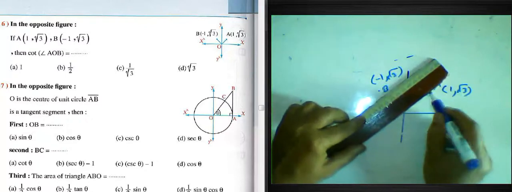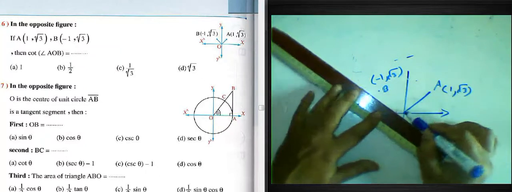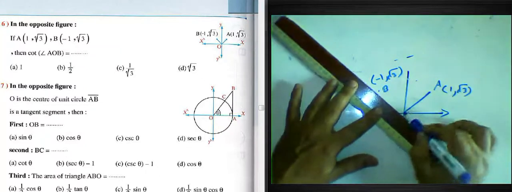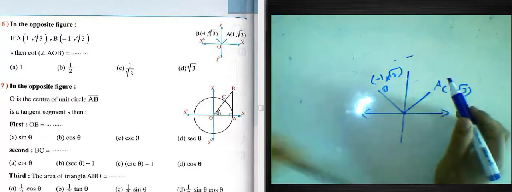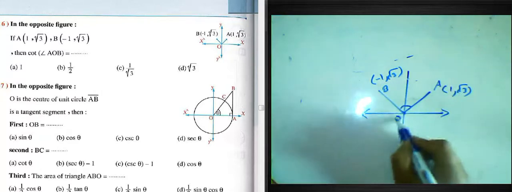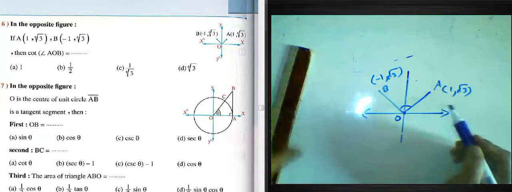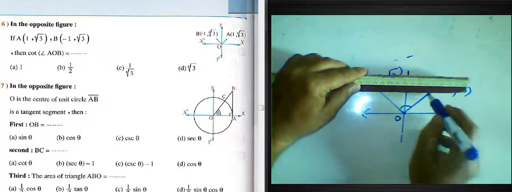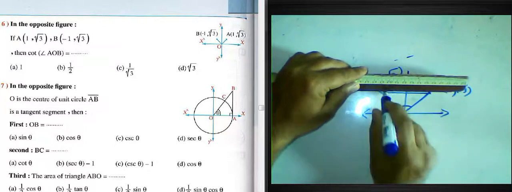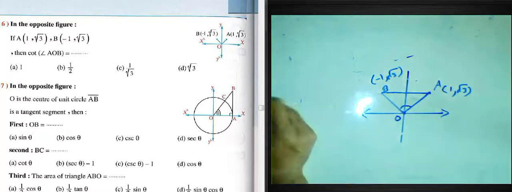We can find the lengths of OA and OB to know the type of this triangle, because you want to find cotan of angle AOB. You want to find cotan of this angle, so we must find the lengths of OA and OB, and we will compare them. First, we know OA equals what?